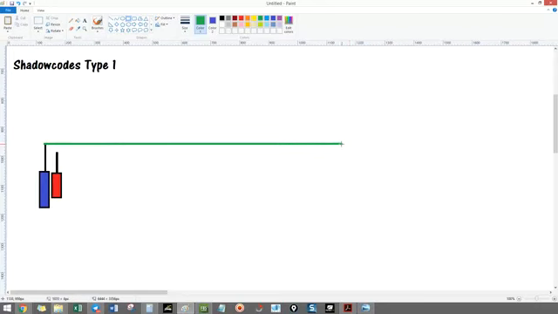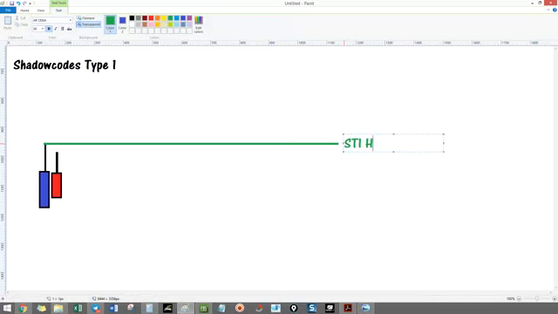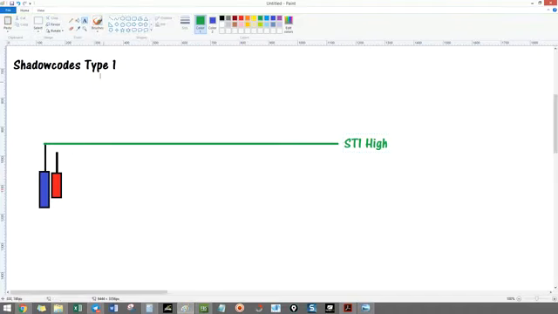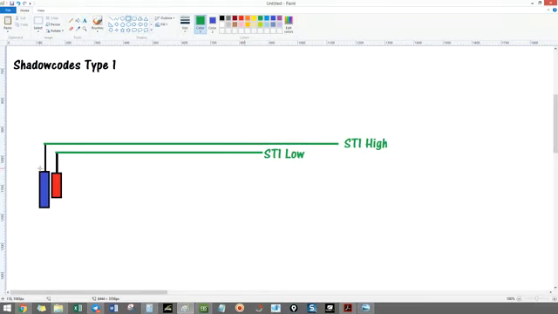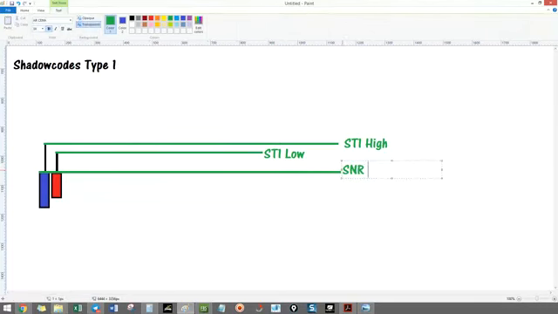This is called ST1 high. This is ST1 low. And this will be SNR level.